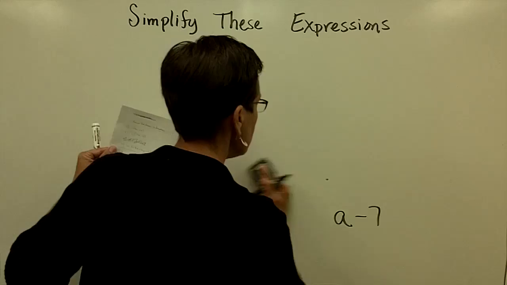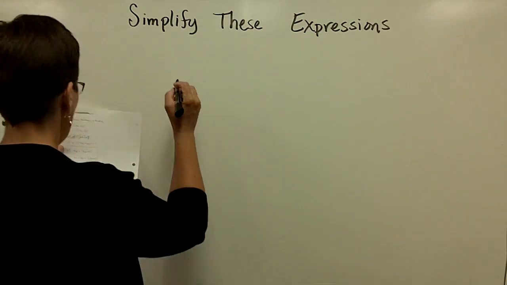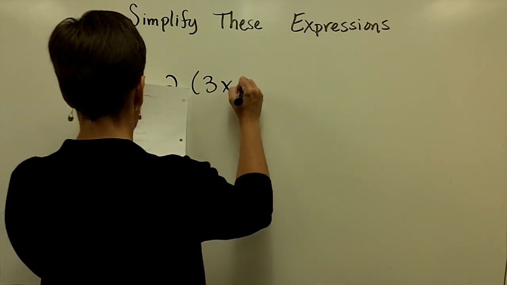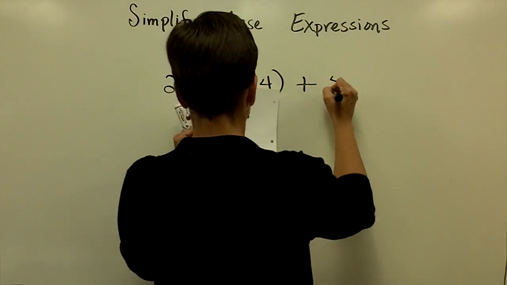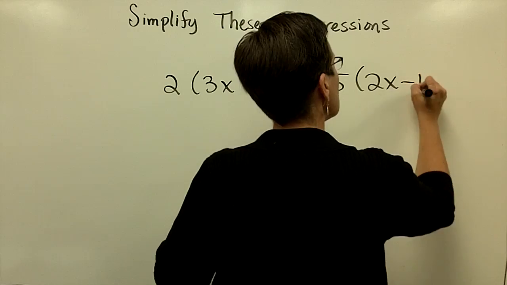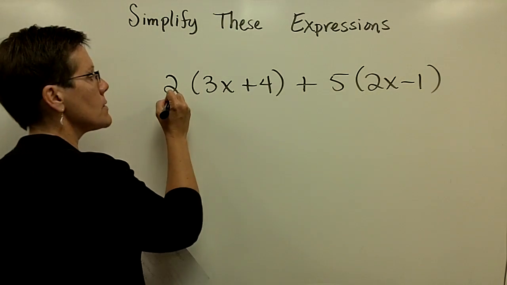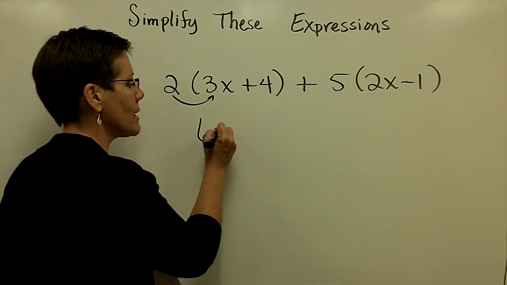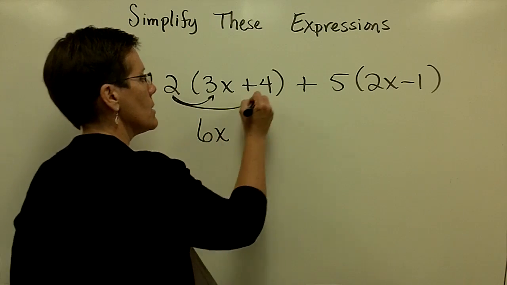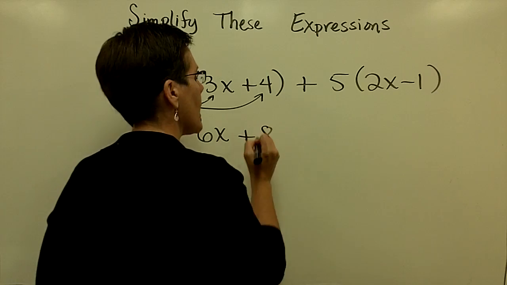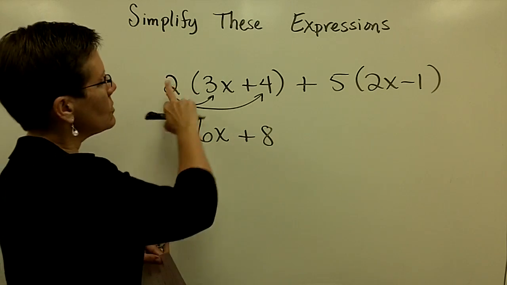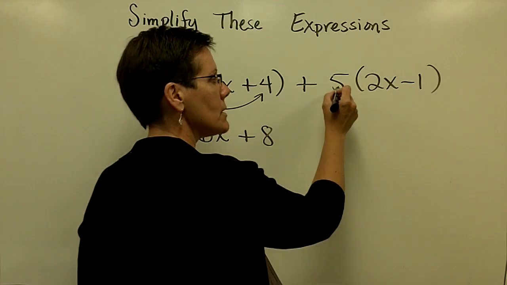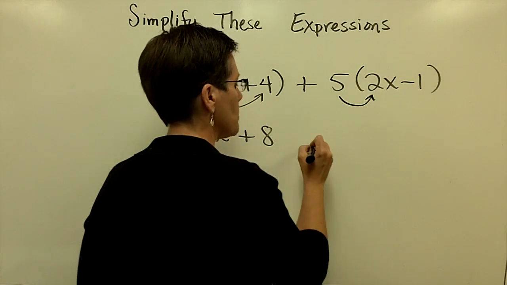Just a couple more. How about, let's use the distributive property, but no negative signs involved. Well, we do have to be careful of those. The distributive property here says that 2 times 3x is 6x, and 2 times 4 is 8. So I've distributed the 2 through the binomial. I've got to do the same thing here. I've got a positive 5 that's got to be multiplied by 2.